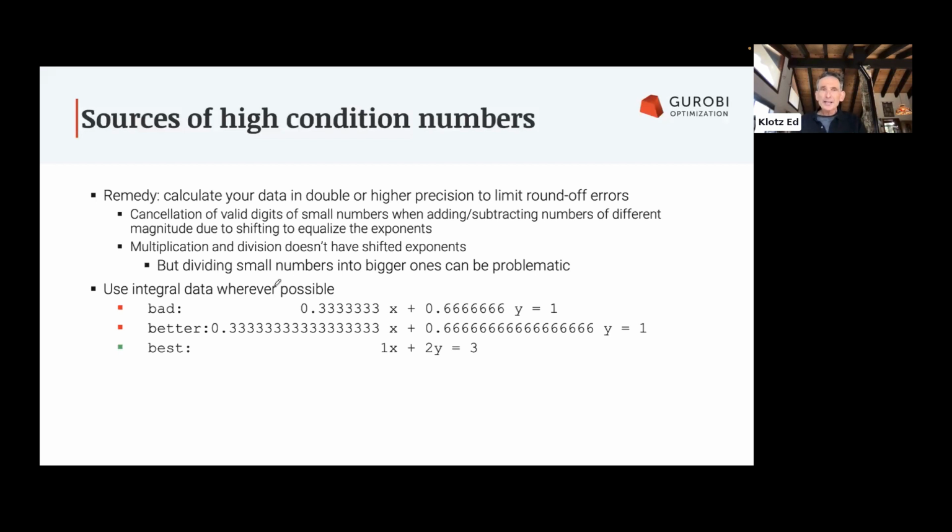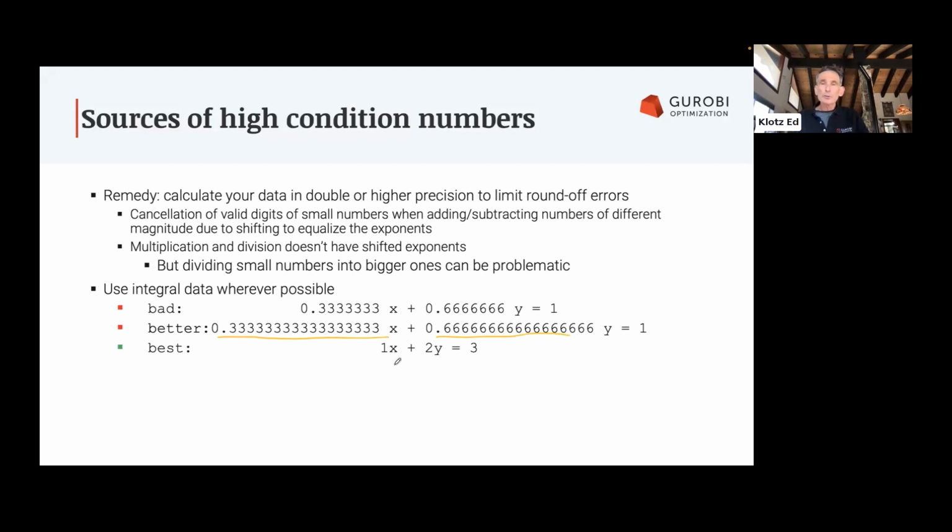Now, the next remedy is to use integral data whenever possible. In the previous slide, we talked about how you want to provide 16 digits of precision in your data rather than less. But at least in this example, we can see that these two numbers are meant to be 1/3 and 2/3.